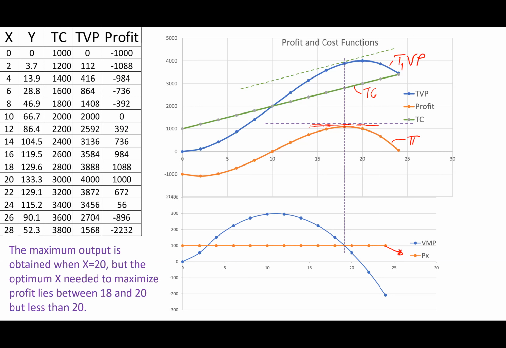So profit will be optimum or maximum at this level here, and we can determine exactly what the number is, and we will do that. And of course, it will be at the point where the value marginal product equals the price of input.